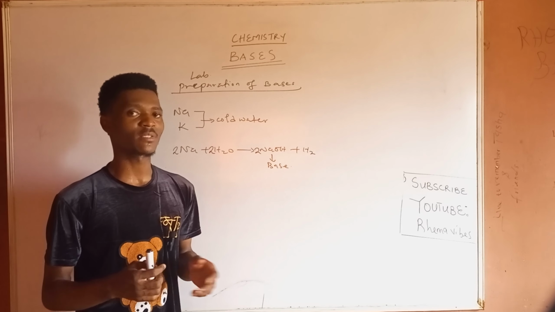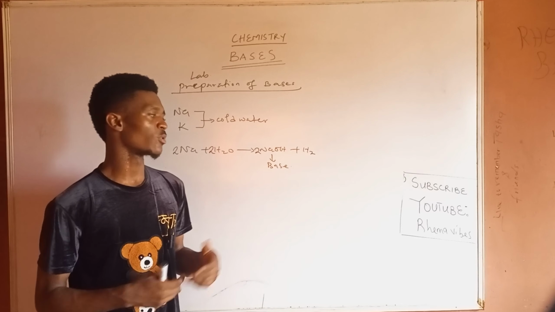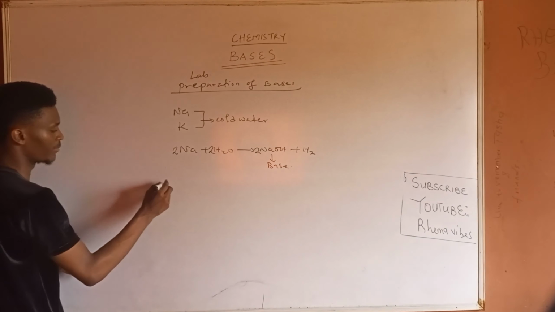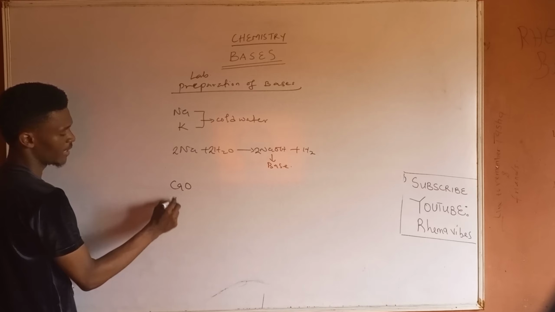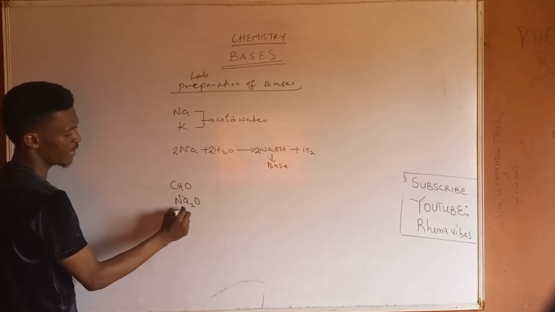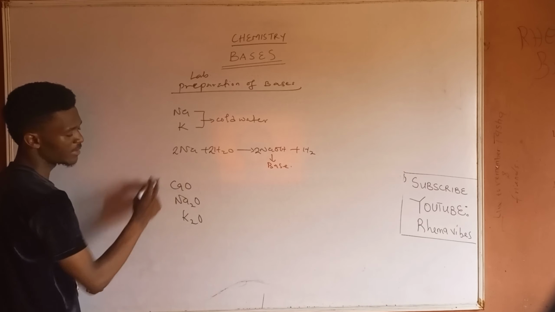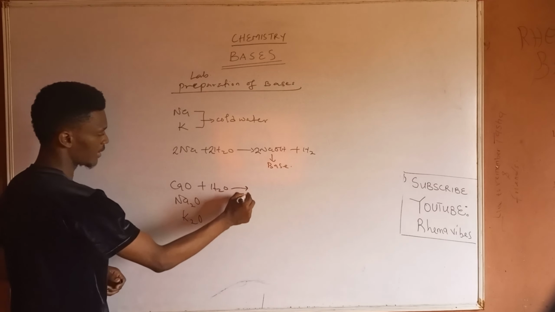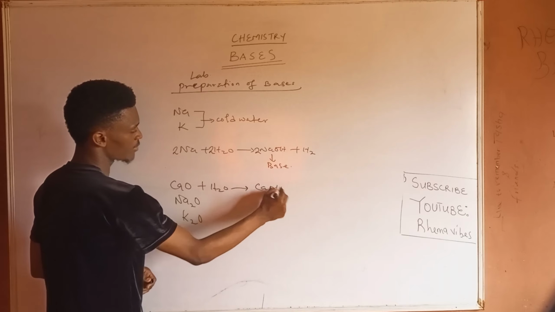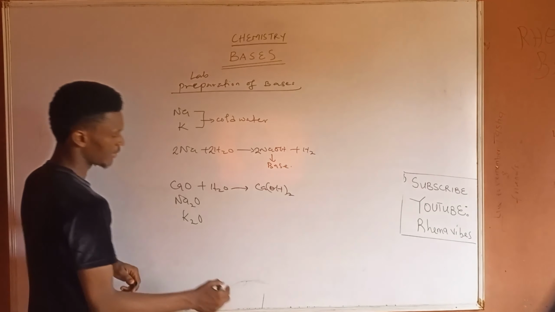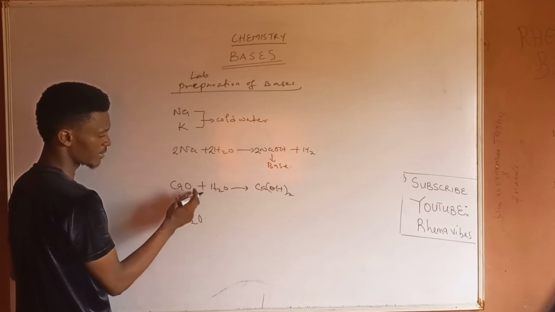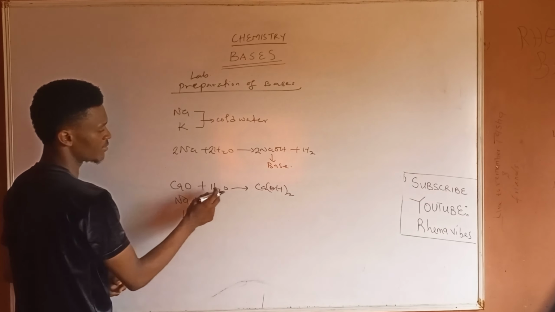When oxides of metals dissolve in water, they tend to also produce bases. Yes, oxides of metals. For example, calcium oxide, sodium oxide, potassium oxide. When calcium oxide is dissolved in water, it simply gives you calcium hydroxide. And of course, if you confirm everything is balanced, this is 1 Ca, 2 oxygen, 2 hydrogen.